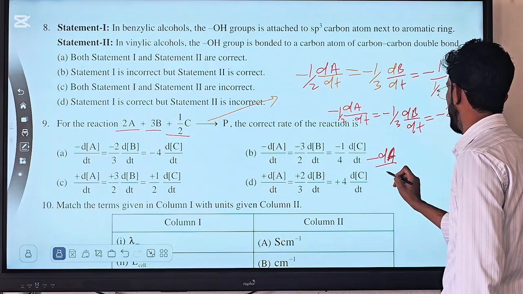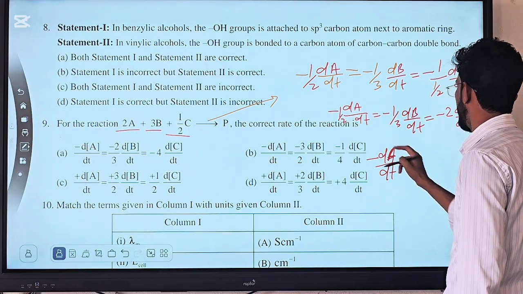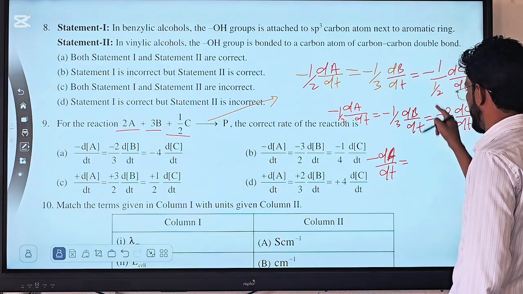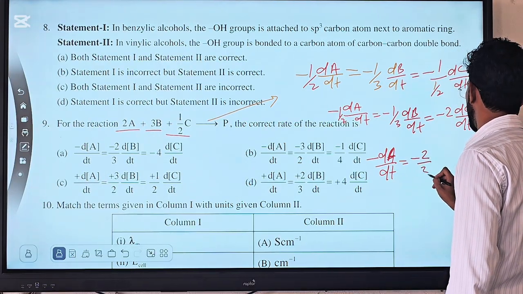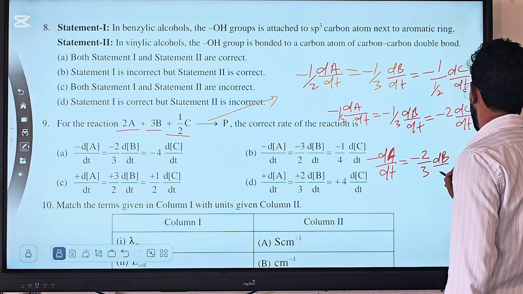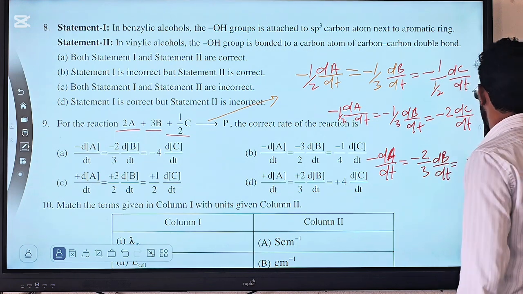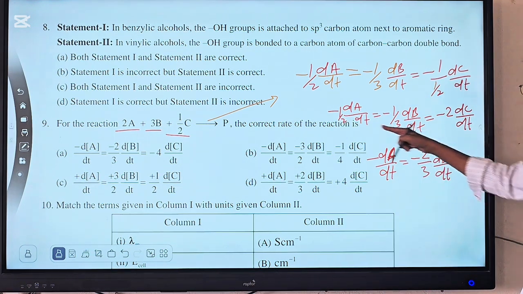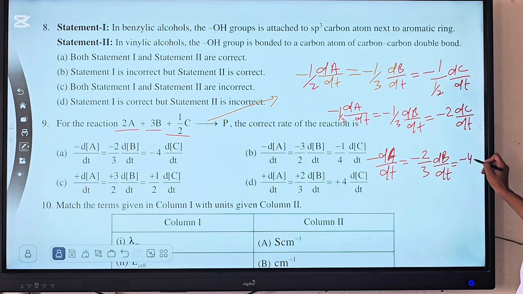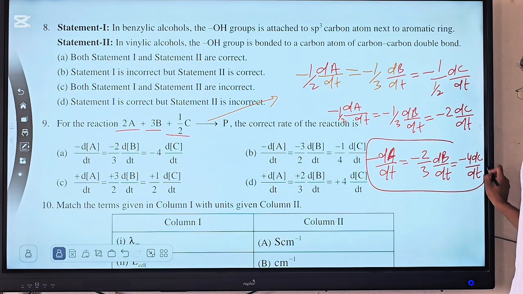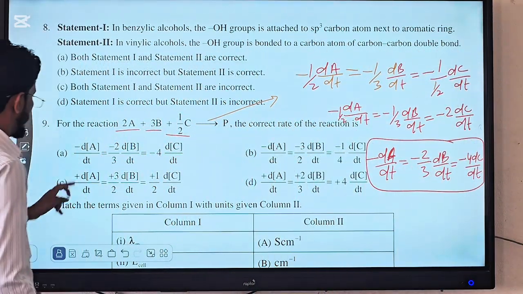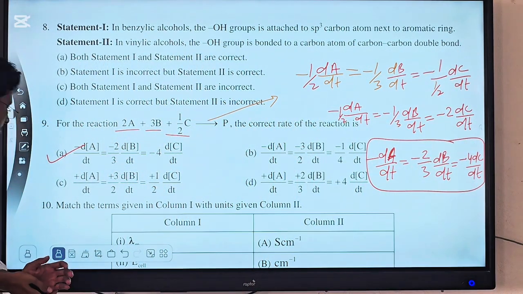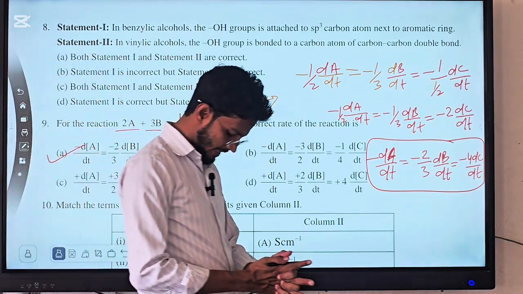Minus dA upon dt is equal to minus 2 upon 3 dB upon dt, which is equal to minus 4 dC upon dt. Which option matches this? Minus dA upon dt equals minus 2 by 3 dB upon dt. The answer will be A. So the answer of question number 9 is A.